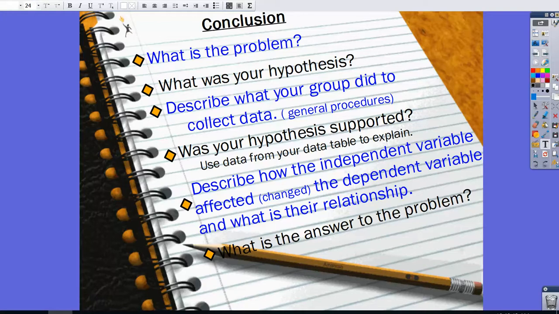A direct relationship, which means that the independent and dependent variable change in the same way. They both increase or they both decrease. You could have an inverse relationship, which means that the IV and the DV move in opposite directions. One increases while the other decreases. Or there's not a relationship. And then you want to make sure you answer what the answer to the problem was. You want to provide that answer.